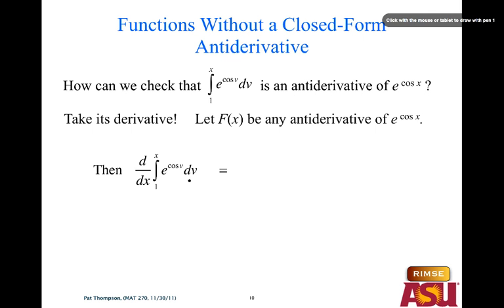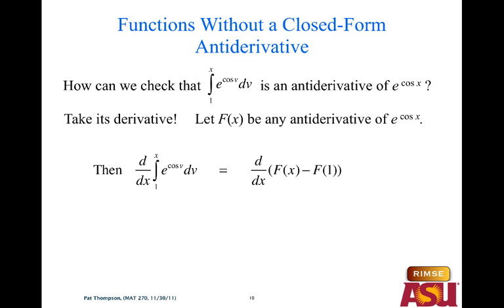Well, not closed form, but I'm letting capital F of x be the antiderivative. So it won't be closed form, but I can use capital F to do it. What will it be? Go ahead, Ian. It's capital F of x minus capital F of 1.